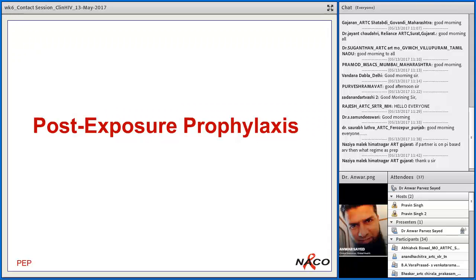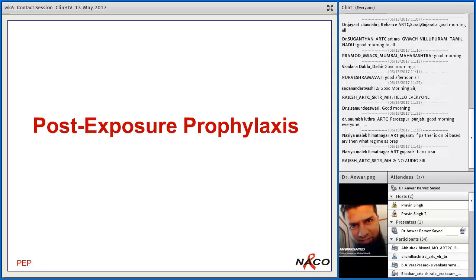So if PI based regimen is used in a positive partner as a second line, because the first line ARV which was tenofovir based has failed, then we are not sure whether this PrEP will be effective in this partner or not. But as I mentioned before also, if PI based regimen has been used as a first line, and even if used as a second line but viral load is below detectable level, then risk of transmission will be very low. I hope I answered your question.